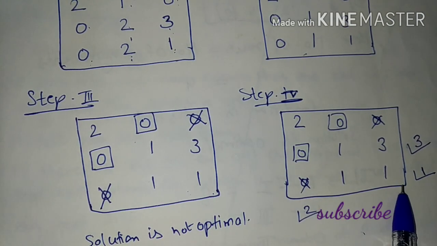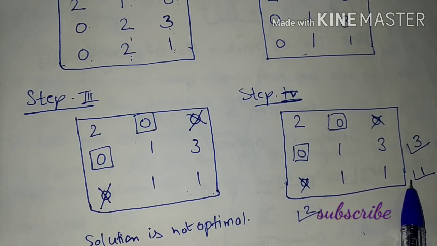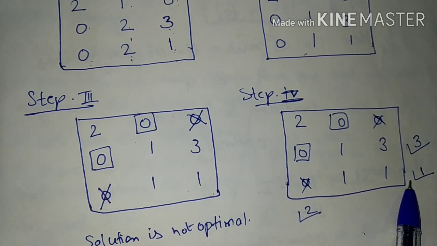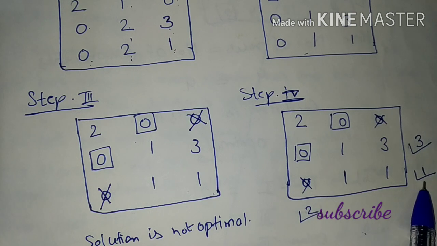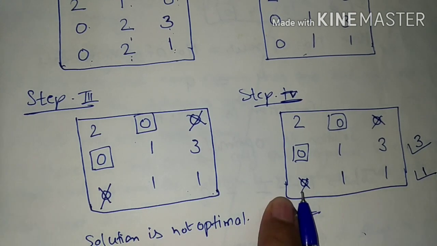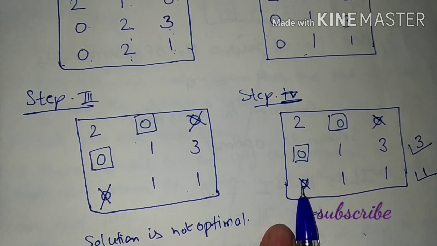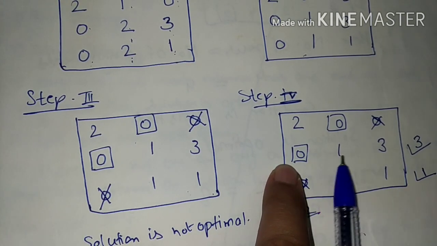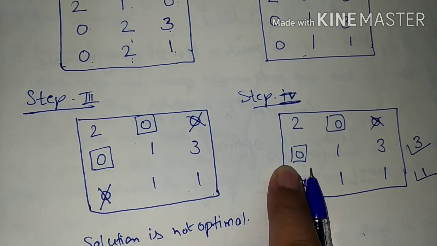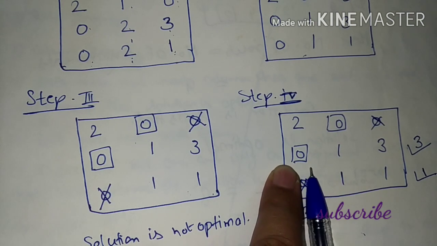I am repeating here. Tick the row 3 having no assignment. Tick the column 1 having cross 0 in tick row 1. Tick the row 2 having assignments in tick column 1.